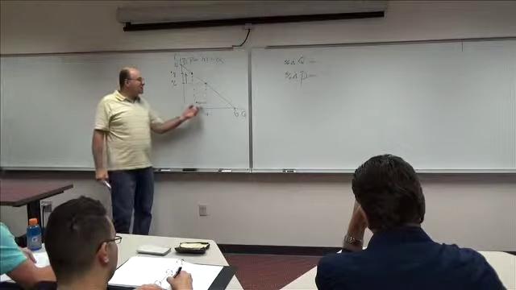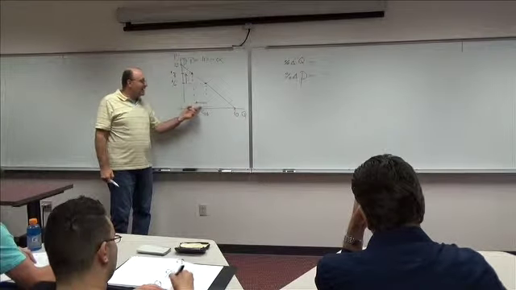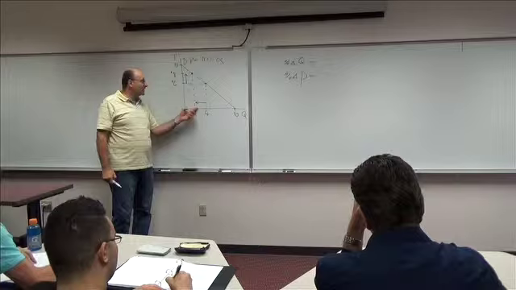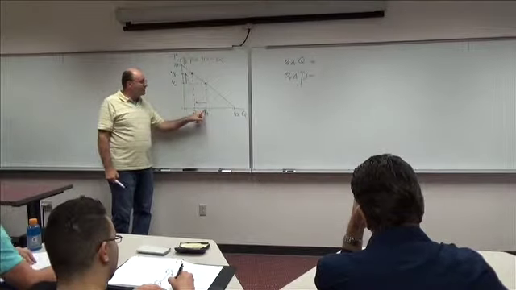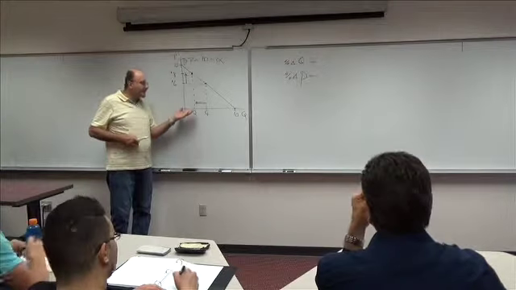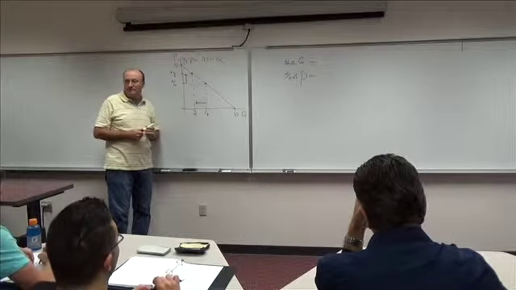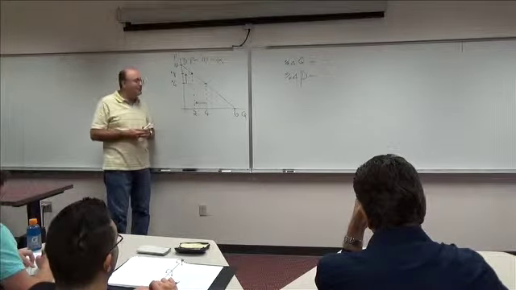So, percentage change in quantity demanded. How much did quantity demanded fall in response to the rise in price? From 4 to 2, what's the percentage change? 50%. How did you find 50%?